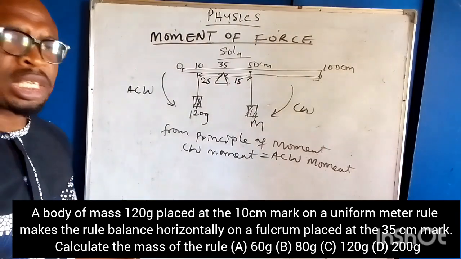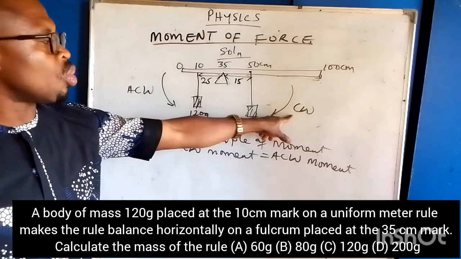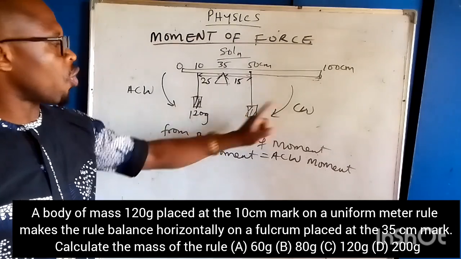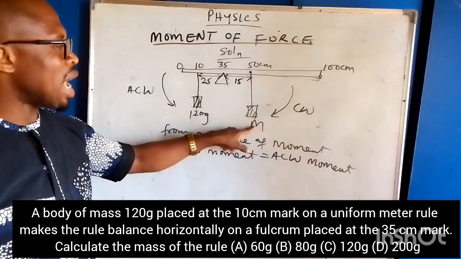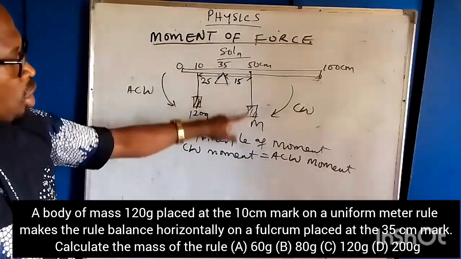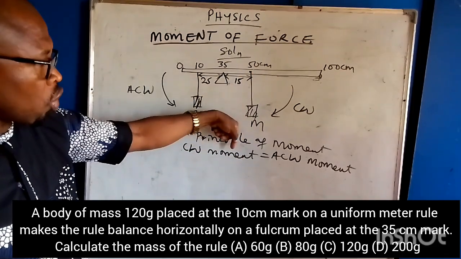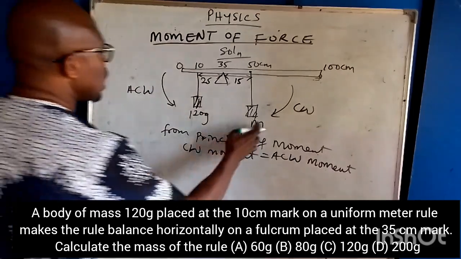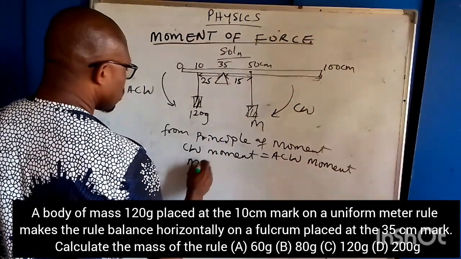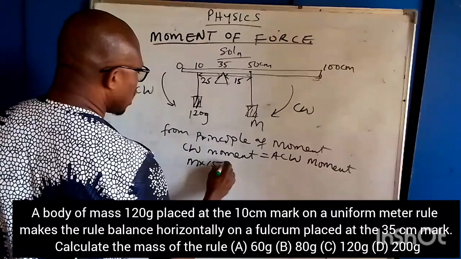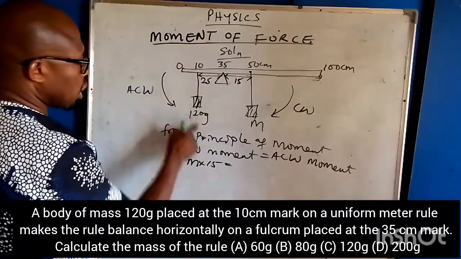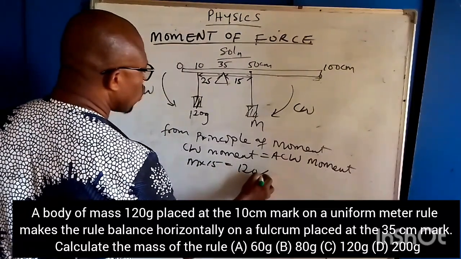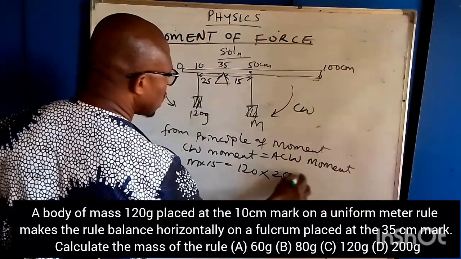Having put down this, we can now go for clockwise. For the clockwise moment, we have mass times the distance, this downward force, which is the mass of the meter rule, always acting at 50. So the mass of the meter rule, m times 15, equals the anti-clockwise moment, which is 120 times 25.